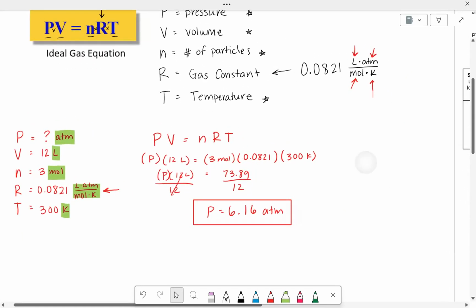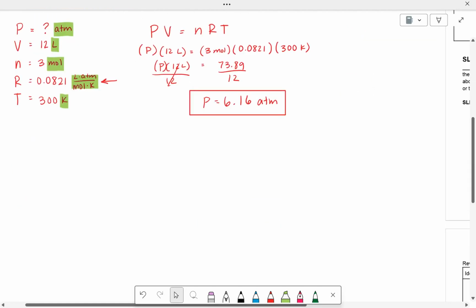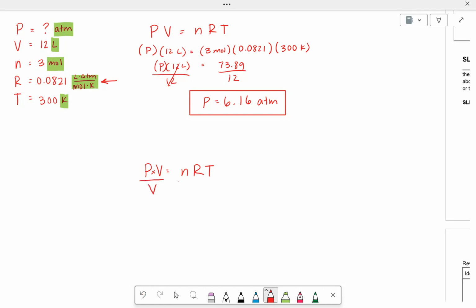Or you can rearrange your equation first and then plug in numbers. So PV equals nRT, PVnRT, we always start with that. We want pressure by itself. Because we're multiplying these 2 together, they're next to each other. If we want P by itself, we have to undo that multiplication. We have to divide both sides by volume.